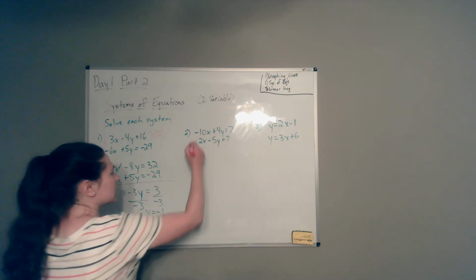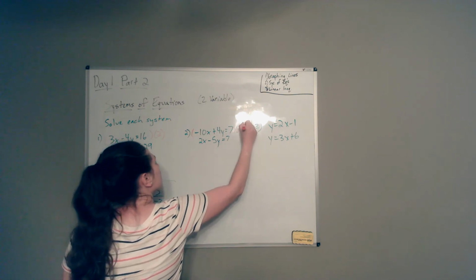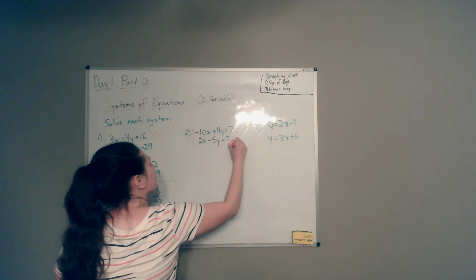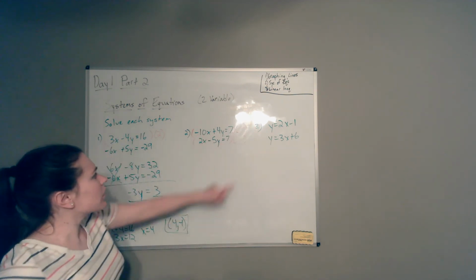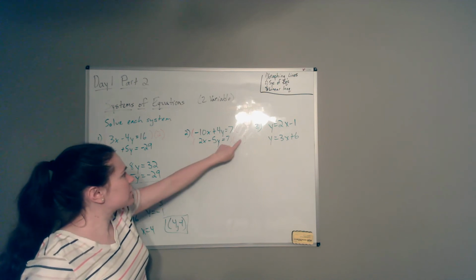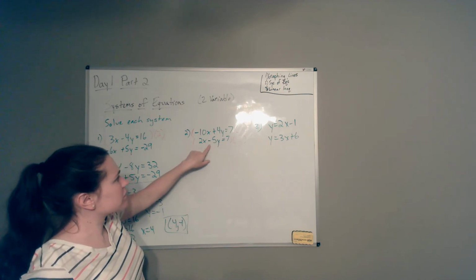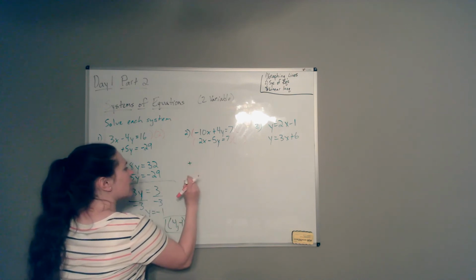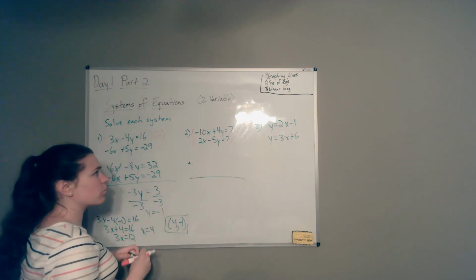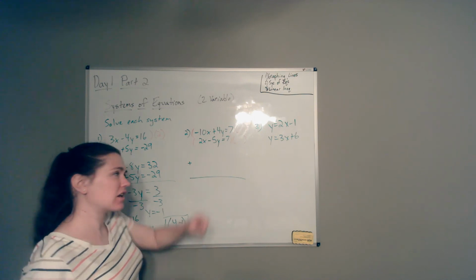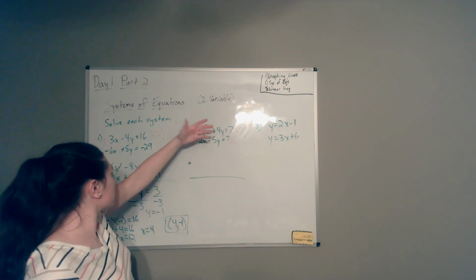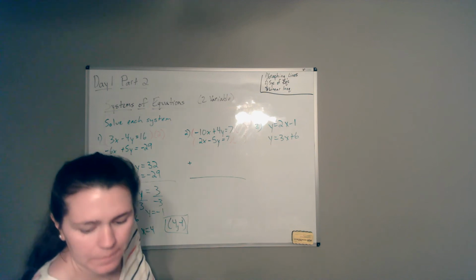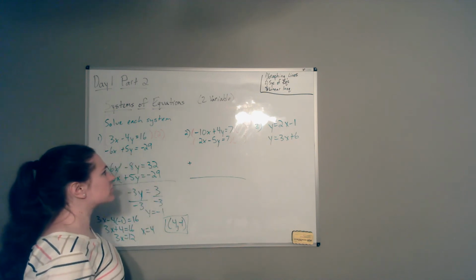So when we multiply by some number, we're not going to want this to be negative, because a negative times a negative is going to give us a positive. And our goal is to add these two equations together to get rid of y. So one of them has to be positive, one of them has to be negative. That's already happening here, so we wouldn't want to do anything in terms of signs.